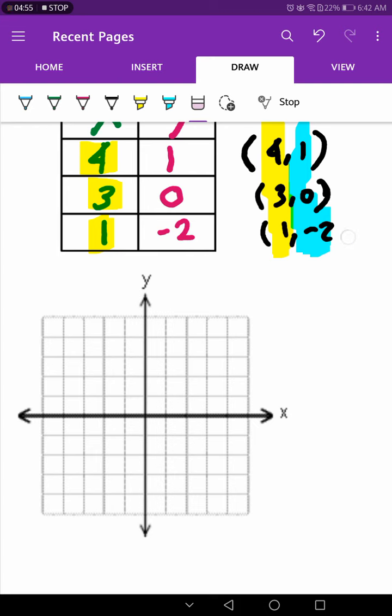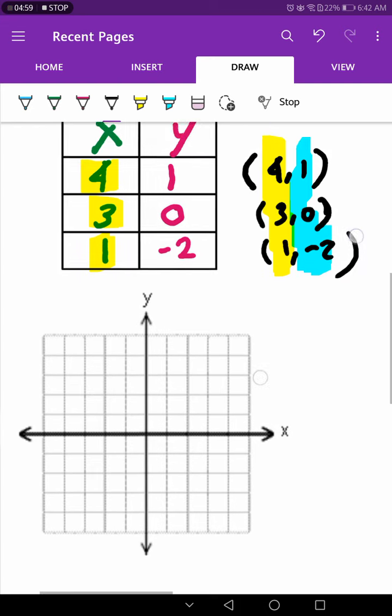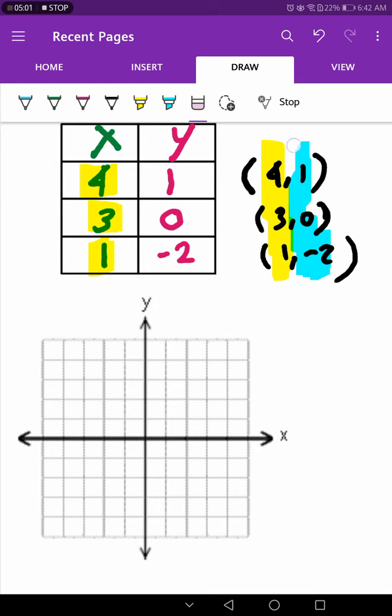Now what do we have to do? Let me erase these colors. I erase everything actually. Now, 4 and 1, how do we plot the 4 and 1 here? You can see the directions like a navigator.